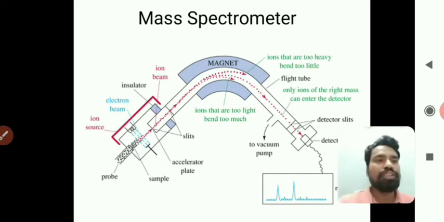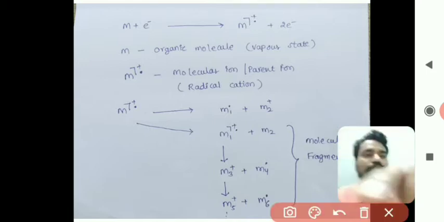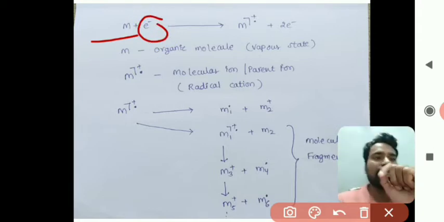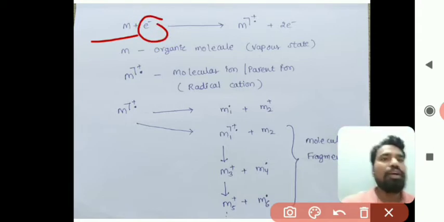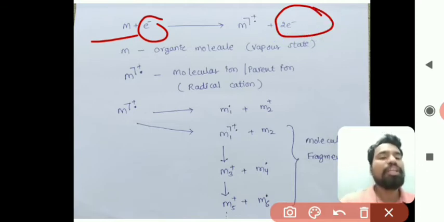So what is the process happening in mass spectrometry? Initially, an organic molecule in the vaporized state is bombarded with an electron of high speed. The electron which we bombard onto the organic molecule takes another electron from the organic molecule, so two electrons are evolved from the process, resulting in a radical cation.